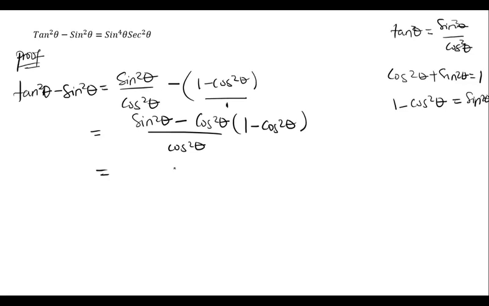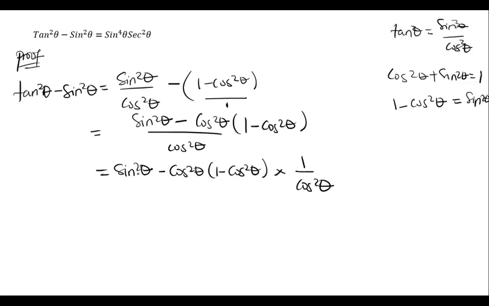Okay, so from here we can express this whole thing as sine squared theta minus cos squared theta into bracket 1 minus cos squared theta, multiplied by 1 over cos squared theta is still the same.